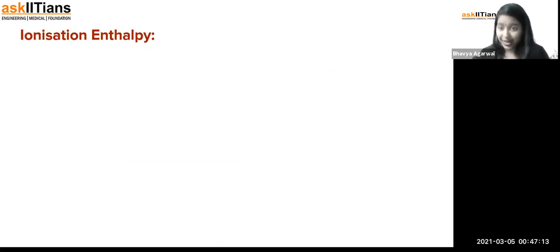Now we have another trend that we are going to talk about. Just like electron affinity, we have an opposite trend, that is your ionization enthalpy, also known as ionization energy.